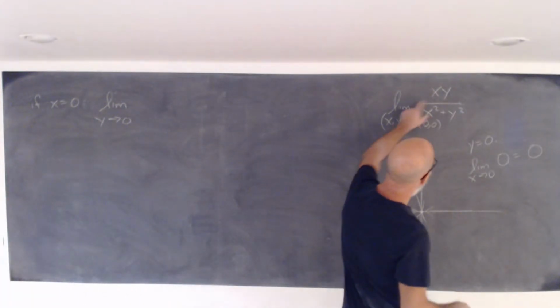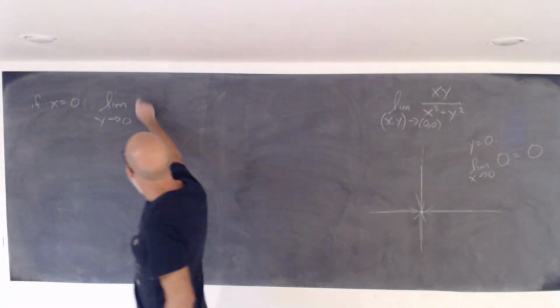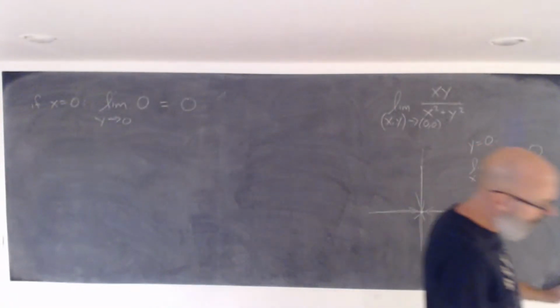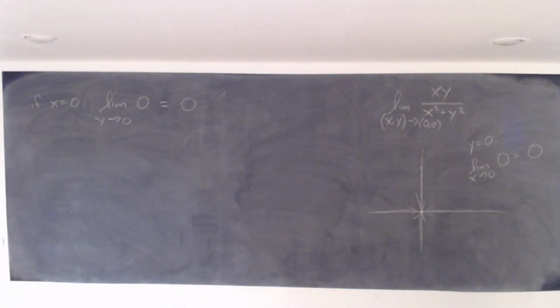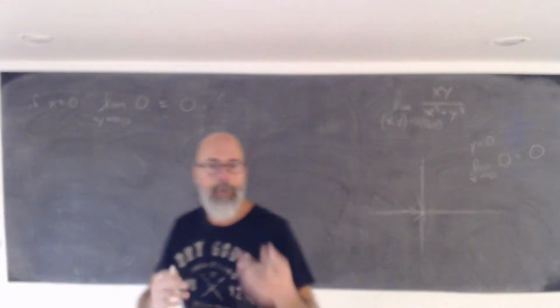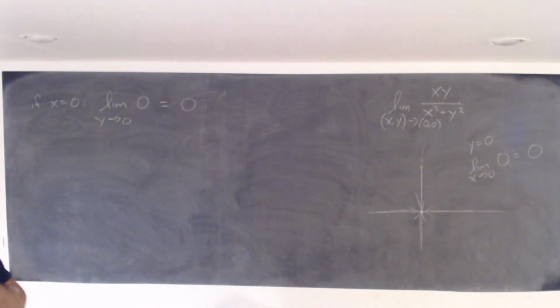If x is 0, the denominator is y squared, the numerator is 0, so the whole limit is 0. All right, same as before. Maybe the limit exists. Maybe it doesn't. All we did was check two paths. That's not enough to really convince ourselves.